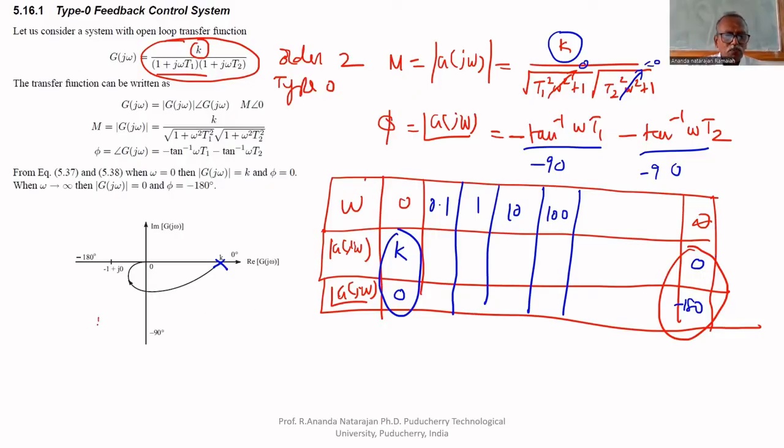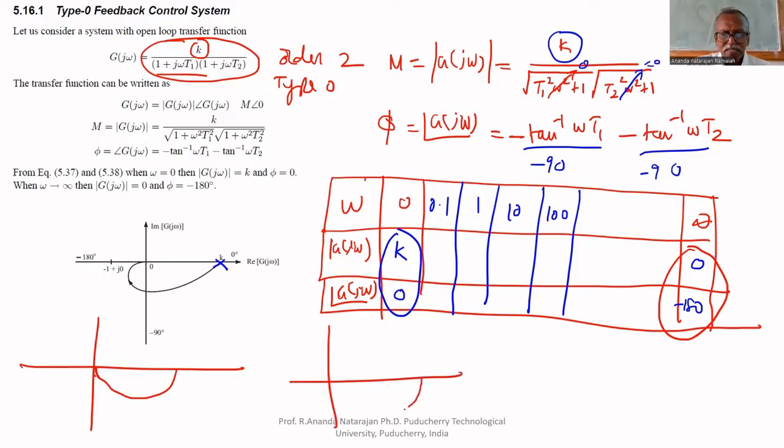So, what is the first order type 0 system? This is the plot. It approaches the origin at 90 degrees. What is the second order type 0 system? It starts here and ends at 180. If it is third order, you will get one more tan inverse of omega T3, that's why another minus 90.